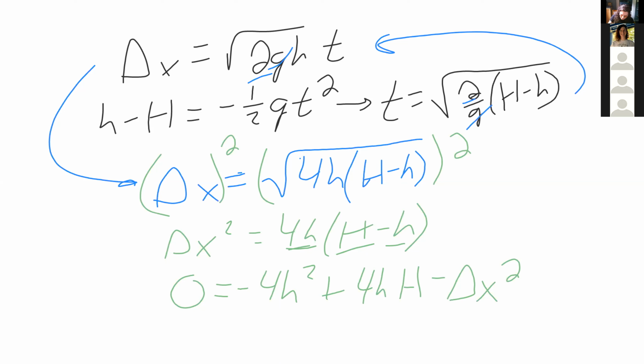Skipping ahead just a bit, if you do your quadratic equation and solve, you'll get that little h is equal to big H plus or minus the square root of big H squared minus x squared, all over 2.